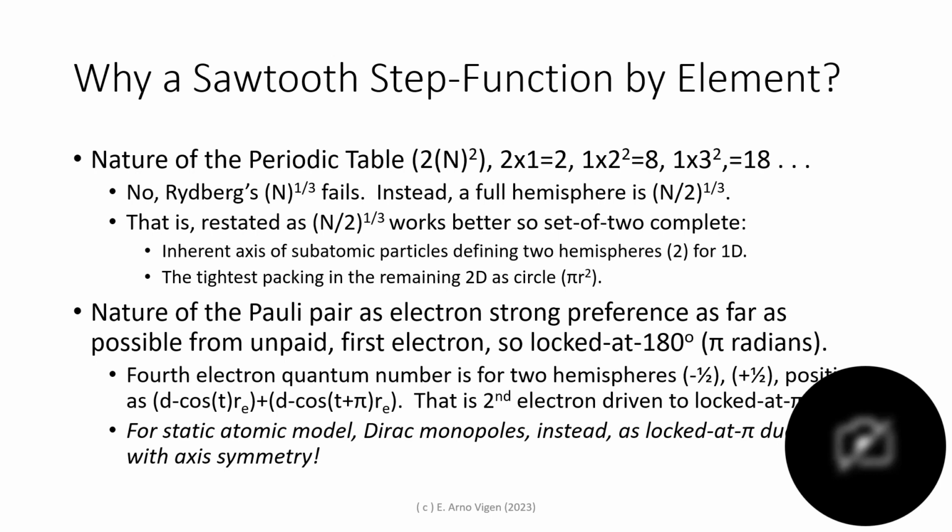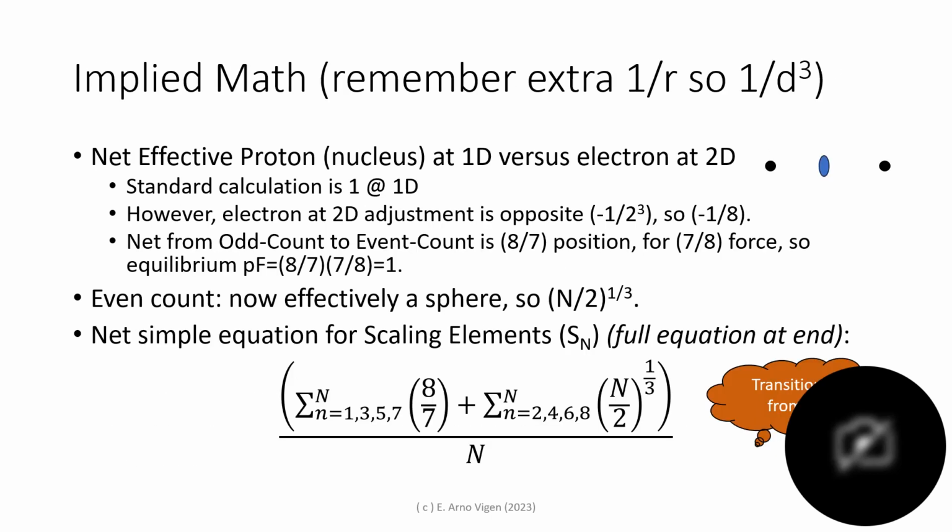So that's 7/8, which means that your pair sits at 8/7 of the distance for 7/8 the strength, still gets you an equilibrium. 8/7 times 7/8 equals 1. Okay, that means that the implied math is this step function, the sum of the odd counts at 8/7 and the sum of the evens at this n divided by 2 to the 1/3.